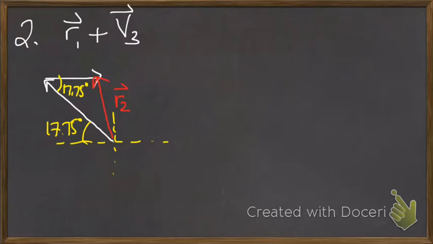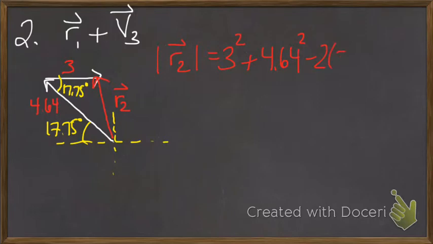So we know that the magnitude of R1 here is 4.64. We know that this is 3. So R2, magnitude, use cosine law: 3 squared plus 4.64 squared minus 2 times 3 times 4.64 times the cos of the angle between them, which is 17.75.